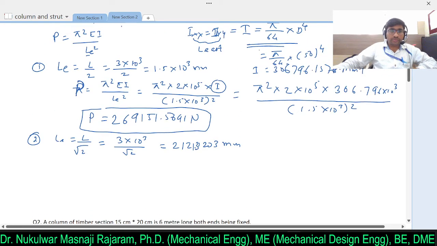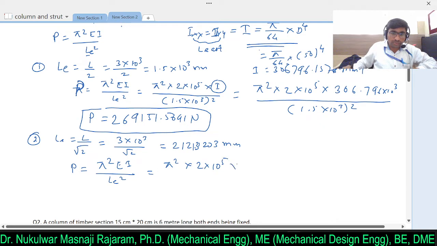Again we will use the same formula, that is collapsing load or crushing load or crippling load or buckling load, that will be equal to pi square EI divided by L square. So here I will consider pi square, E value is 2 into 10 raised to 5 into I value, which we have evaluated, that is 306.796 into 10 raised to 3 divided by 2121.32 square.